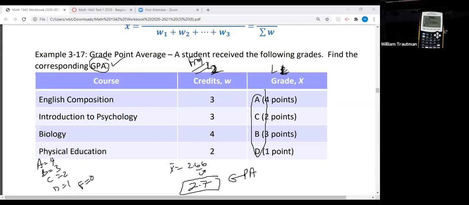On the test, they're not going to tell you how many points an A is. Maybe on the first test they will, but on the final they won't. These are the point values for the grades, and the point value might not be there when you take a test.